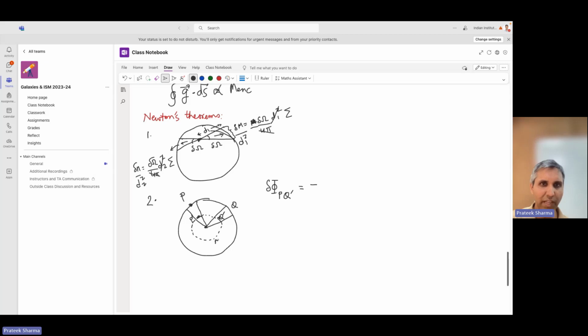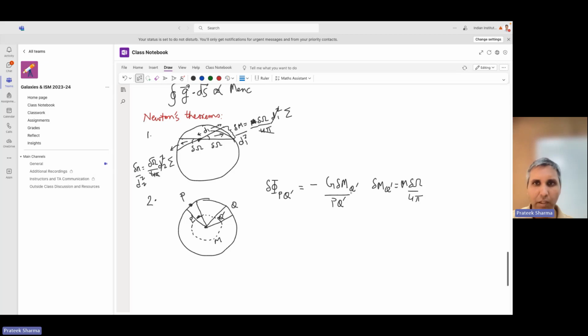This is a shell of mass M, so this is minus G delta m Q prime by PQ prime. This is just the definition of the potential, minus GM by the distance, and this delta m Q prime is equal to mass times delta omega by 4 pi.